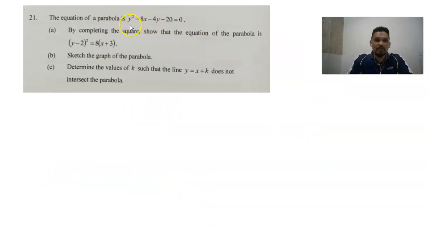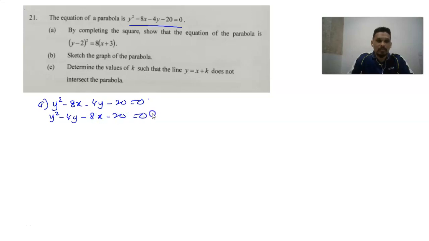Now the equation of the parabola. Look at this one: in the equation there is only one variable, y, with the highest degree of 2, while the highest degree of x is 1. By completing the square, we show the equation of the parabola. So y squared minus 8x minus 4y minus 20 equals 0, that is, y squared minus 4y minus 8x minus 20 equals 0. With y having negative 4, we come up with negative 4 divided by 2, which is negative 2.